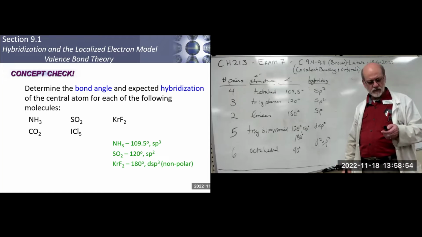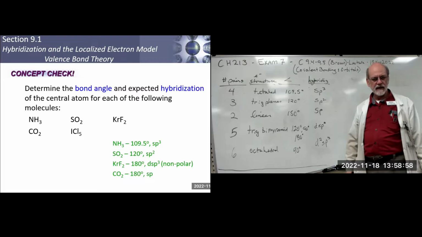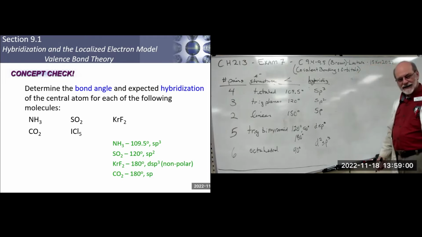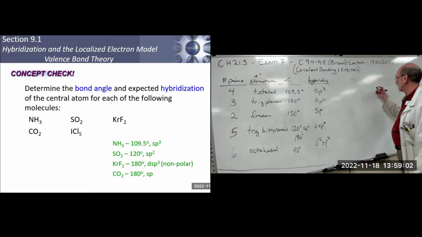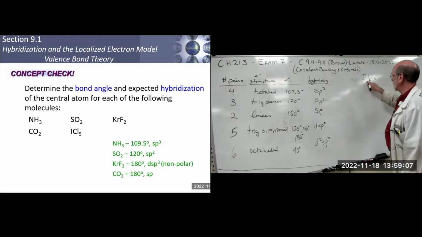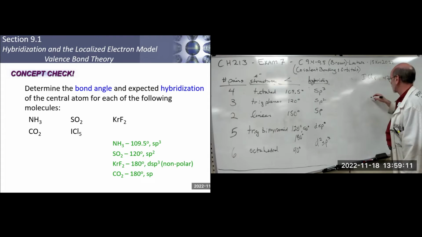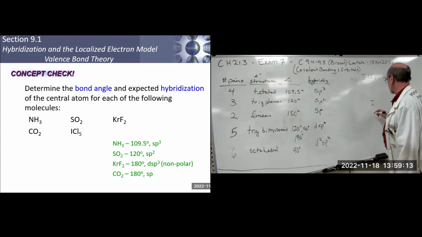Let's see. Next one's probably carbon dioxide. We've done that one already. And then iodine pentachloride. Right? 6 times 7 is 42 electrons. So we have an iodine in the middle, and we have 5 chlorines around it.